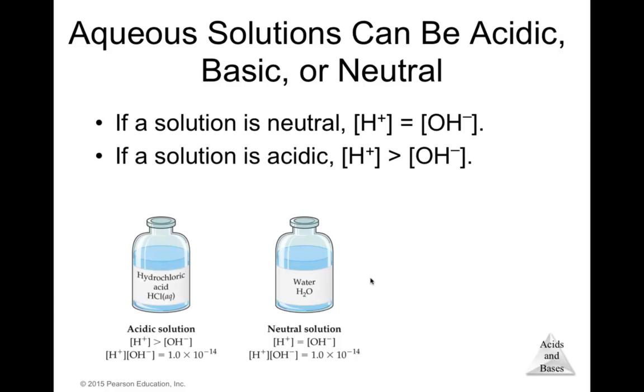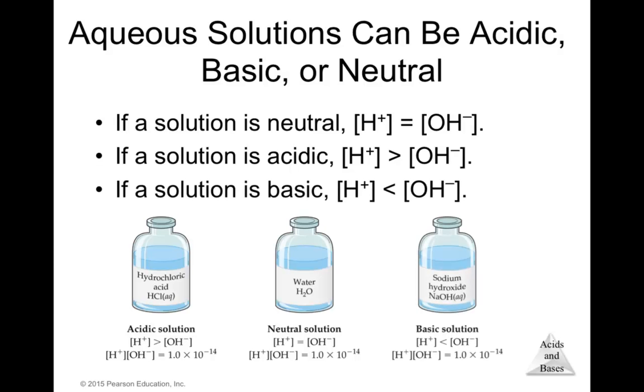For an acidic solution, the concentration of the proton will be higher than the hydroxide ion, so the concentration of H positive will be higher than OH. In a basic solution, the concentration of OH will be larger than the concentration of H3O.